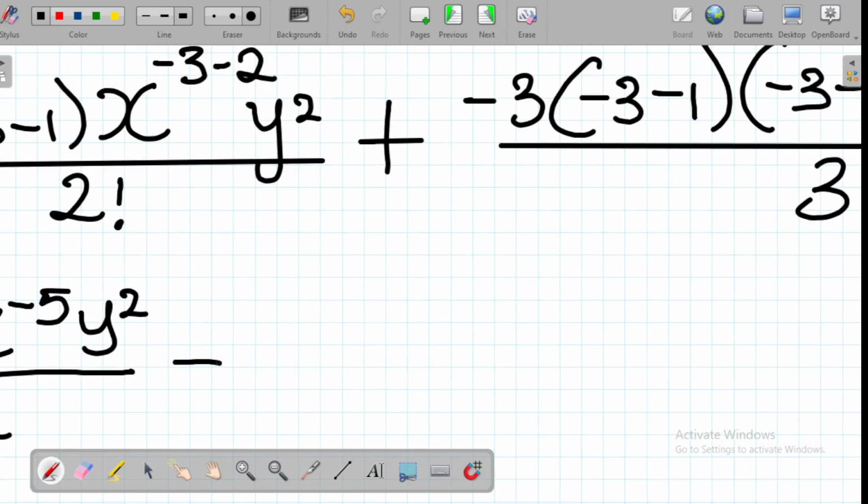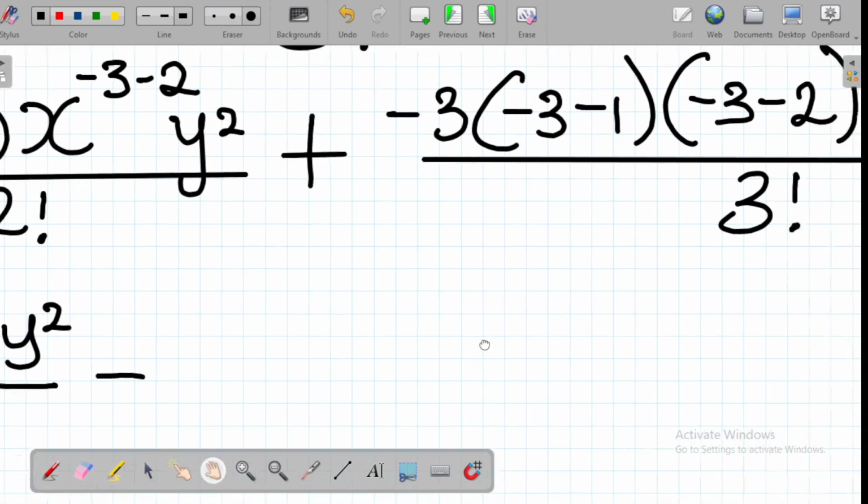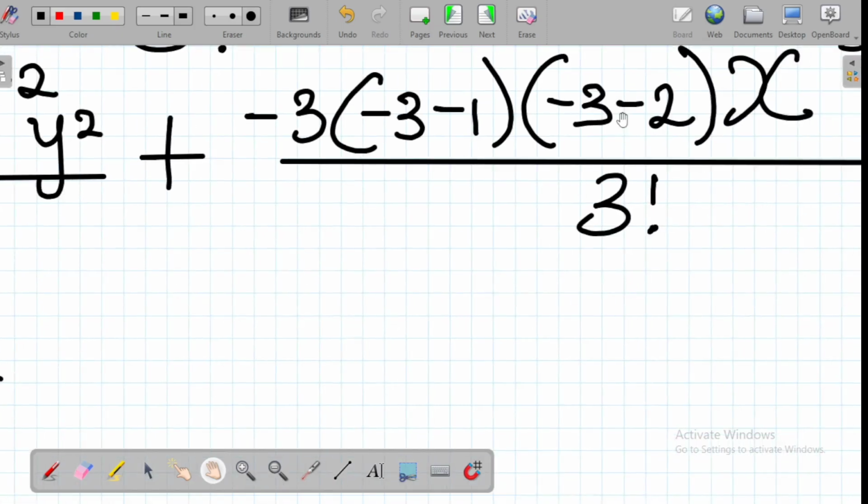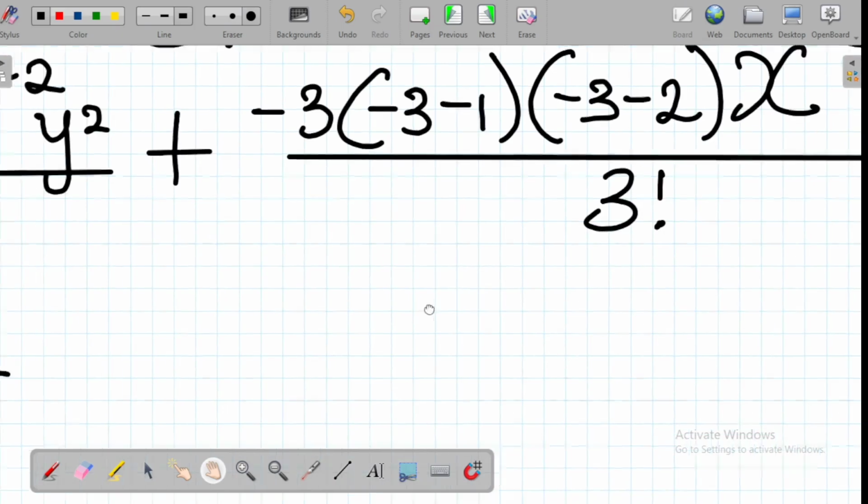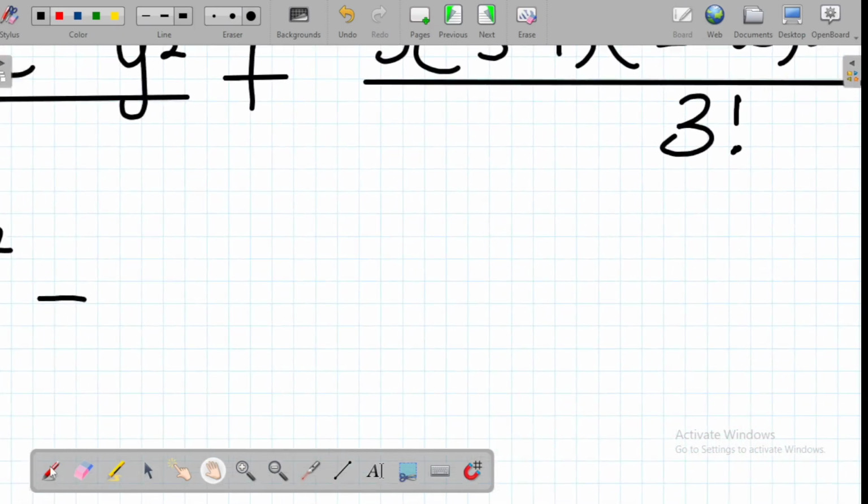And then minus negative 3 minus 1 is negative 4. Negative 4 multiplied by negative 3 is positive 12. And positive 12 multiplied by negative 5 is negative 60. So we have here negative 60. Attach x.